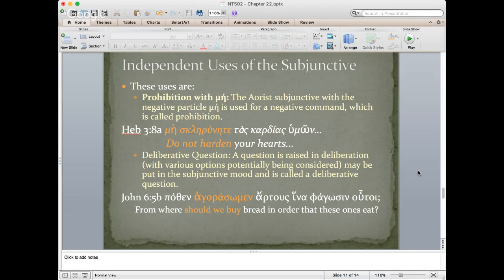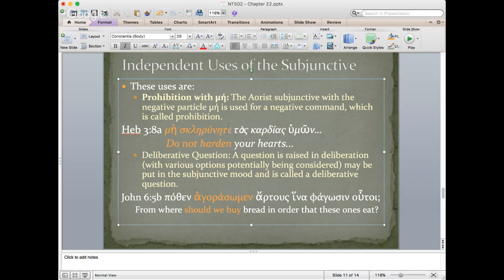If you want to give a negative command, it's going to use an aorist subjunctive with that me. That's how you give negative commands, and these are called prohibitions. So here's one from Hebrews 3:8, which is going to be this command, "to harden" is the verb here. You harden, but it's a negative command because we have the me negation. So do not harden the hearts of you all, your hearts.